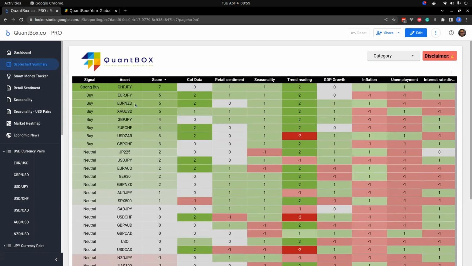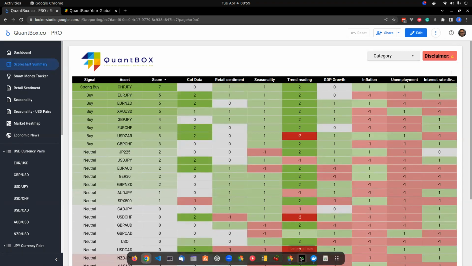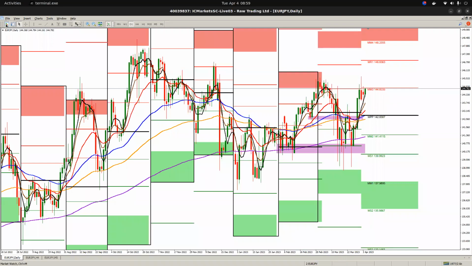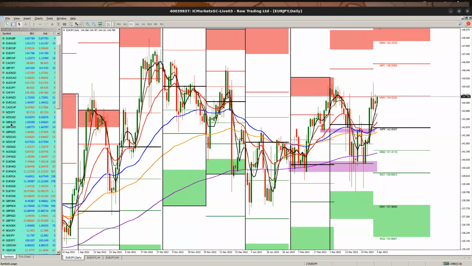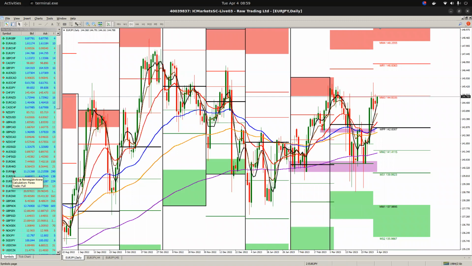Euro Kiwi coming through with a COT data of 2, which is great. Some bearish data over here, just basically unemployment. And just simply saying that if you were to buy this, then you would be, let's take a look here. Euro Kiwi. We'll find it quickly. There it is there.